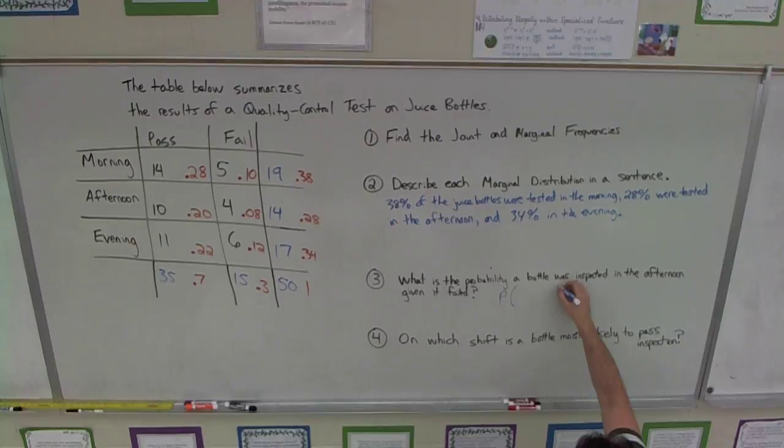So first you should say the condition, the given, is that it failed the inspection. This is a conditional probability. Given it failed, what are we interested in the chances of finding? If it was sampled off the production line in the afternoon.